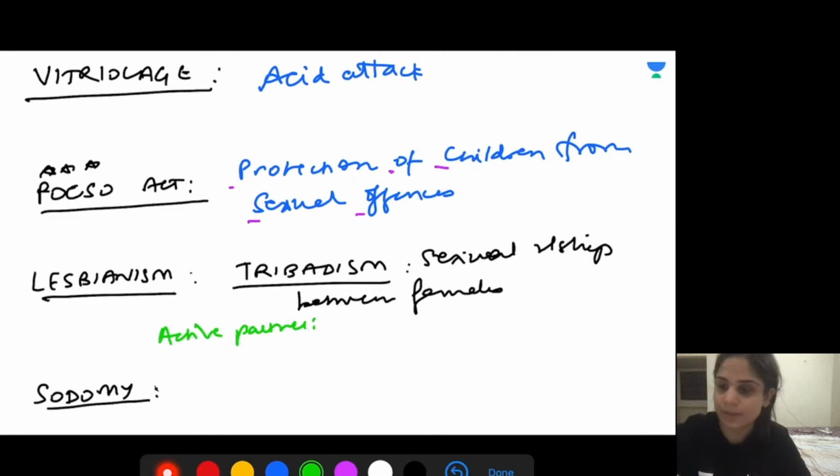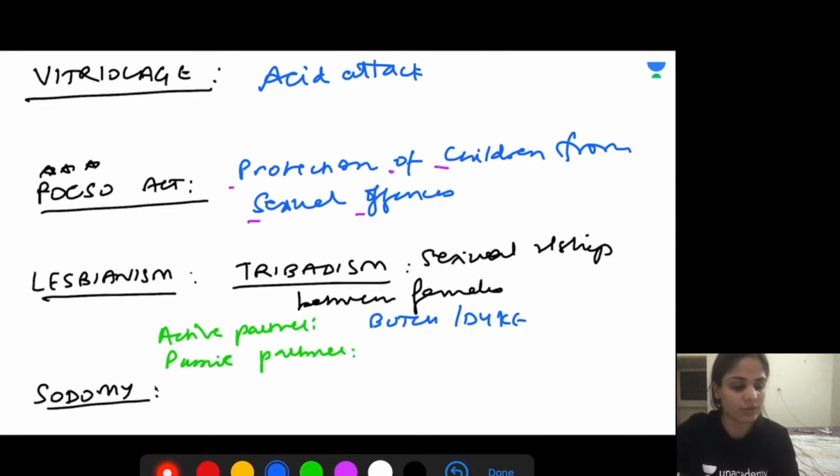Usually the active partner has male features and the passive partner has female features. The active partner is called butch or dyke, and the passive partner is called femme. Femme means female, so they mostly act like females. So this is your lesbianism or tribadism.